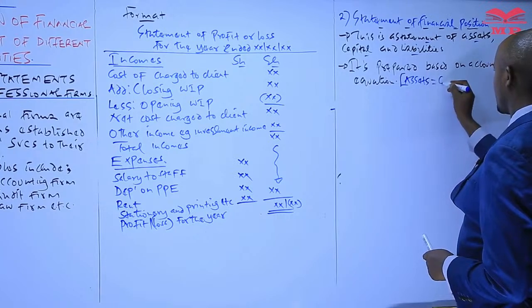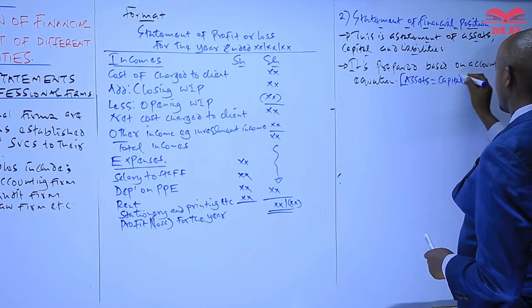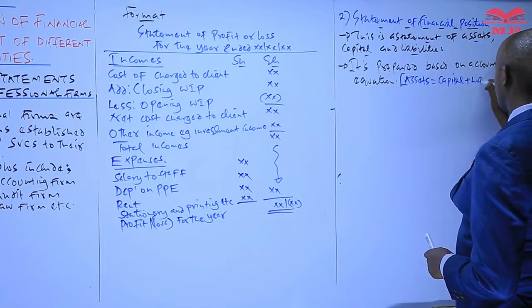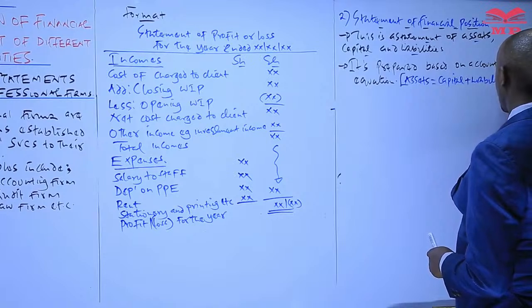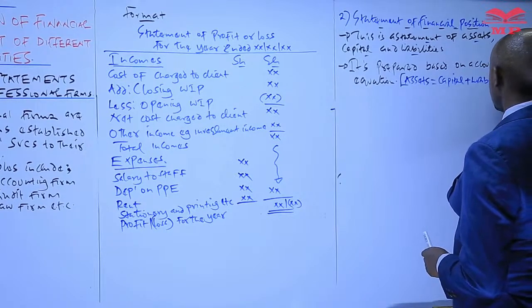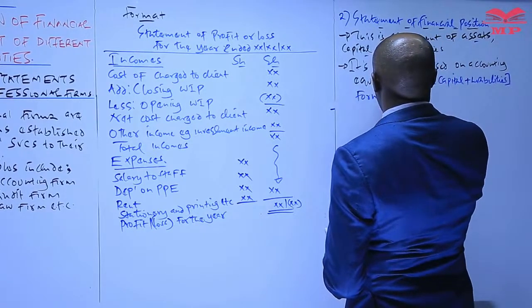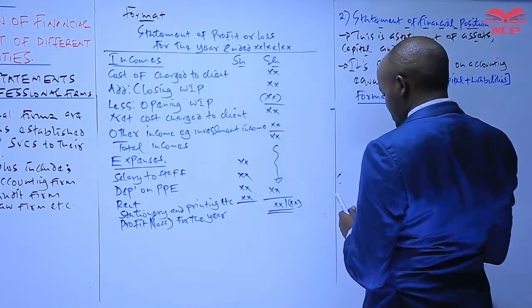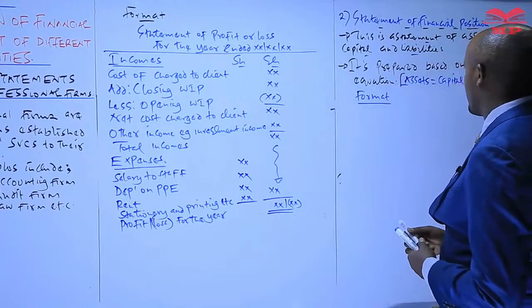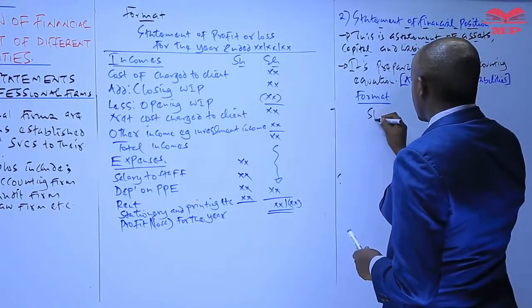So this equation states that assets are equal to capital plus liabilities. Assets are equal to capital and what? And liabilities. So let's look at the format. How do we prepare this statement of financial position of a professional firm?